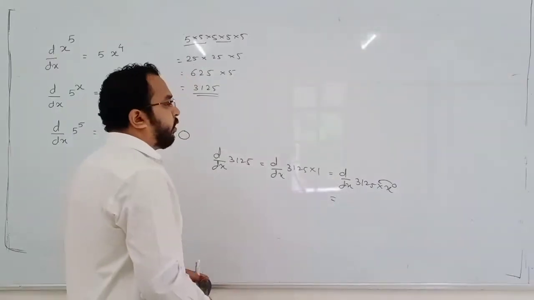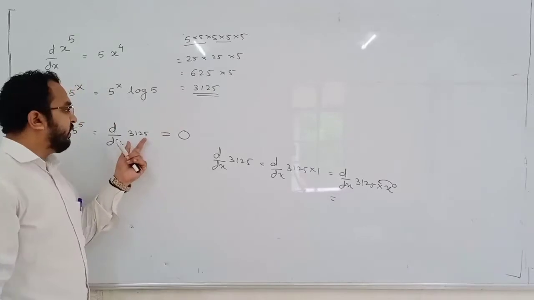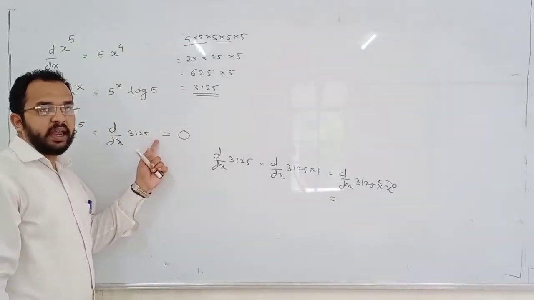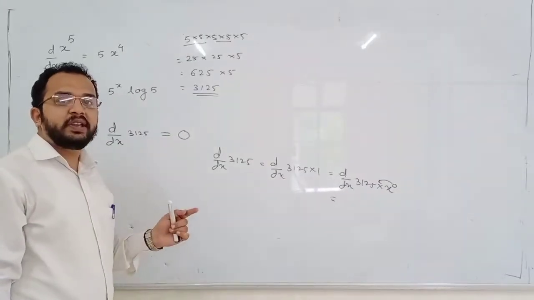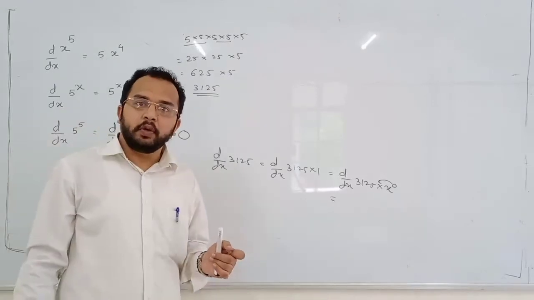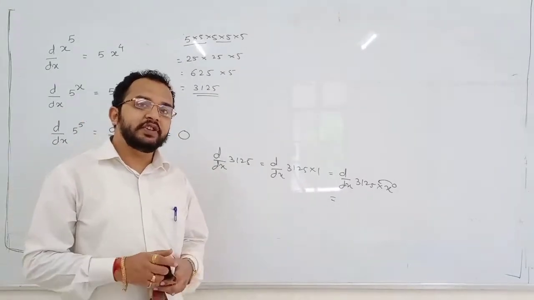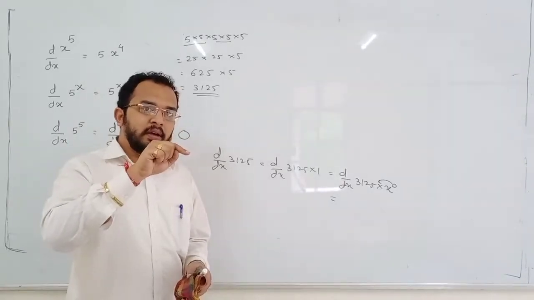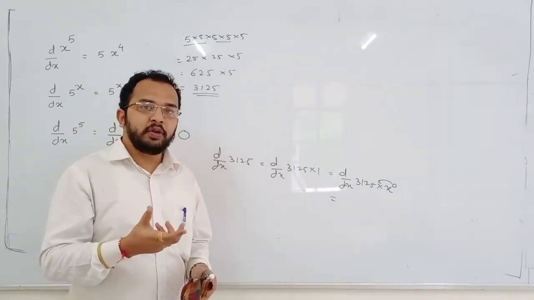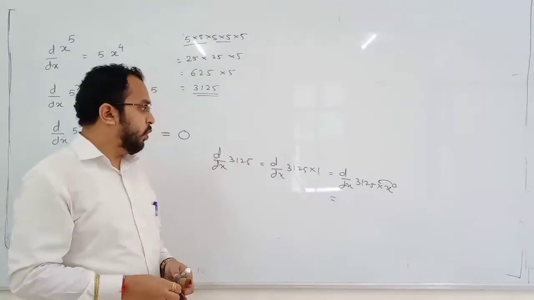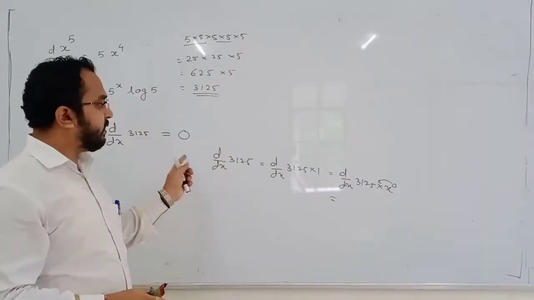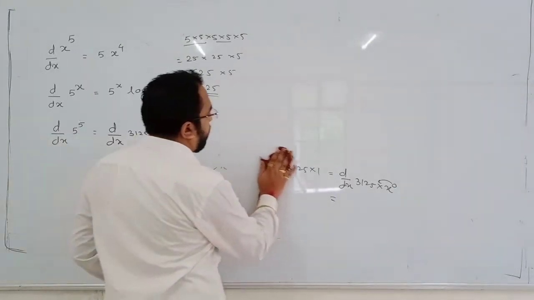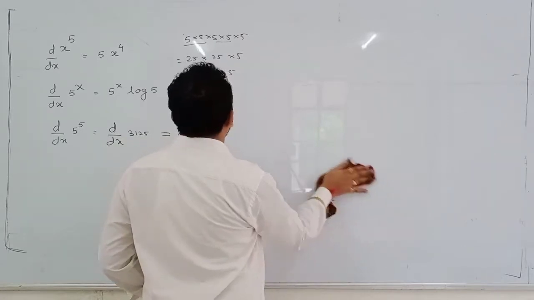Differentiation of constant is 0 because in a constant there is no x. The x is absent, which means the power of x is 0. And while differentiating, when that 0 power comes to the numerator, if you multiply any number by 0, the whole equation becomes 0. So the differentiation of 5 to the power 5 will be 0.